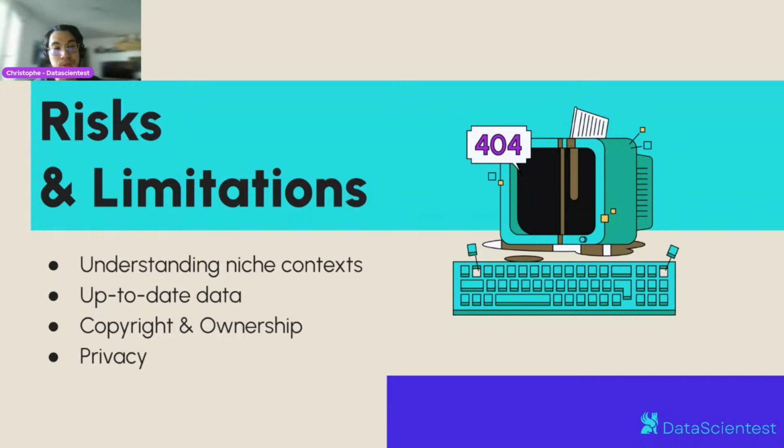Third thing, and very important, it's copyright and ownership. I think everybody could see it in the news a few months back, even a year back, that OpenAI was attacked in justice because of the content created.